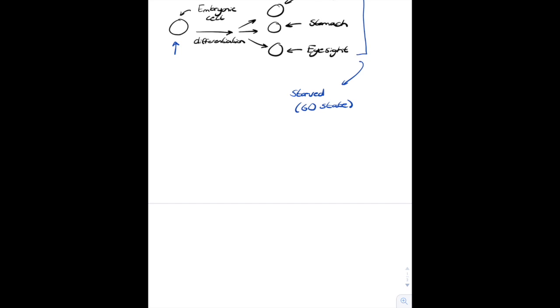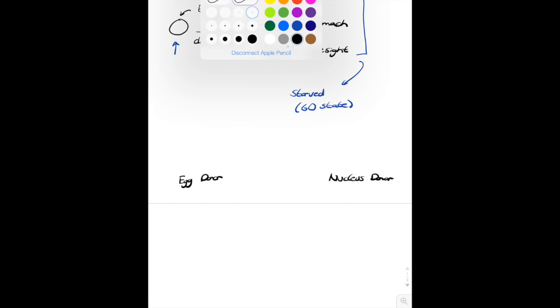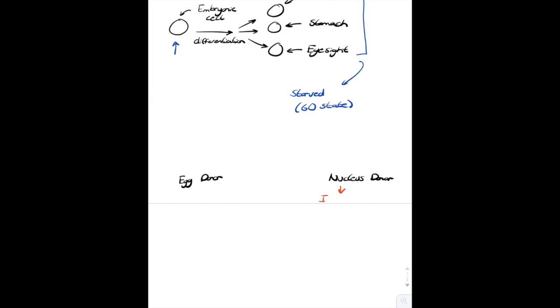So what you had was a nucleus donor and an egg donor. Now, Dolly the sheep will be an identical clone to this nucleus donor.